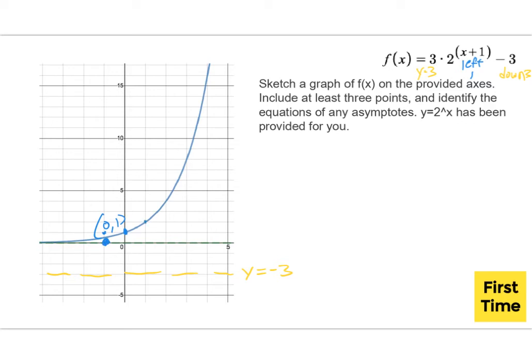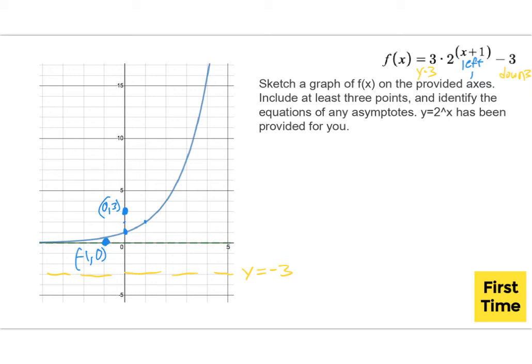I'm just going to hide my original point there. And at 1, 2, that's going to move 1 to the left, okay? And then 2 times 3 is 6, minus 3 is going to be 3. So that'd be 0, 3.